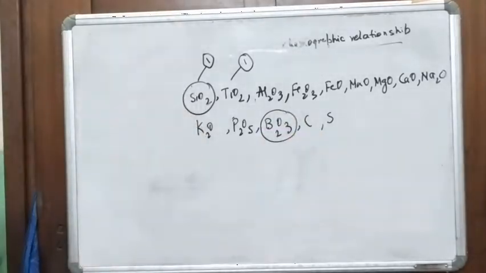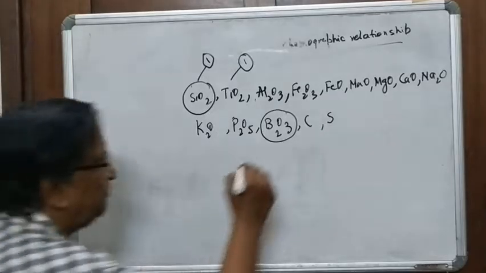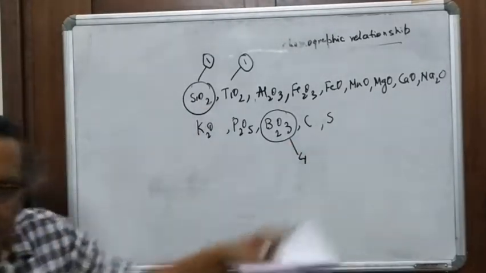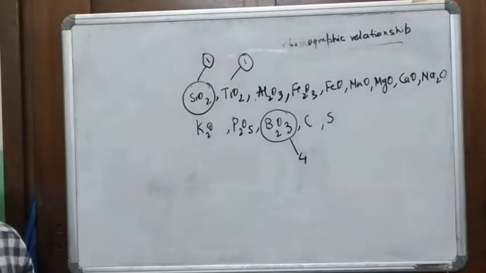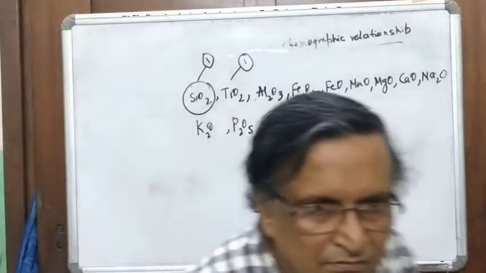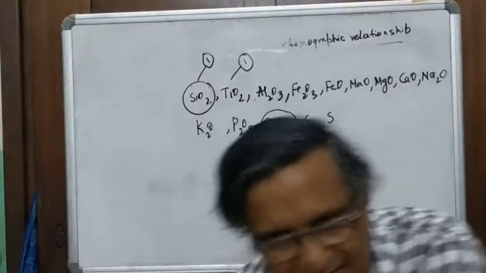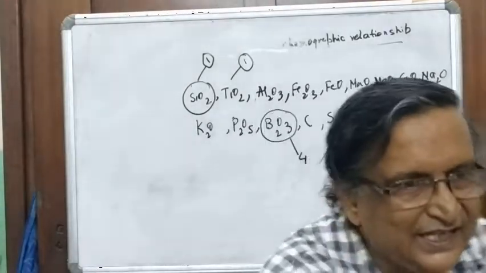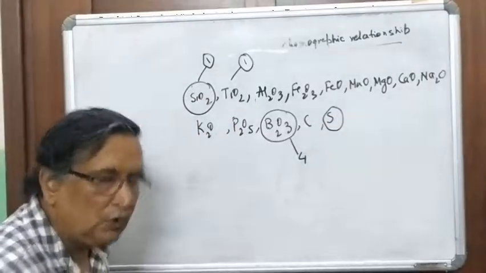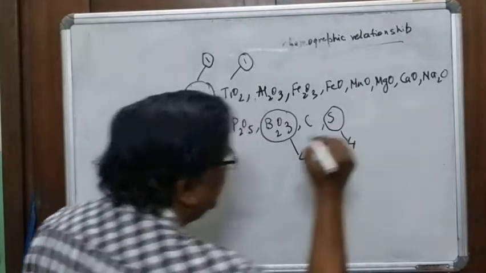Why? Which rule? B2O3 is rule 4. What about S? I also want to eliminate it. S comes in pyrite or pyrrhotite, and it does not go with any other element. So I will put it as rule 4.